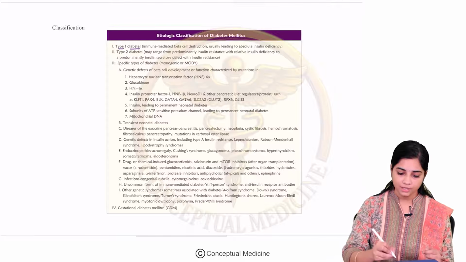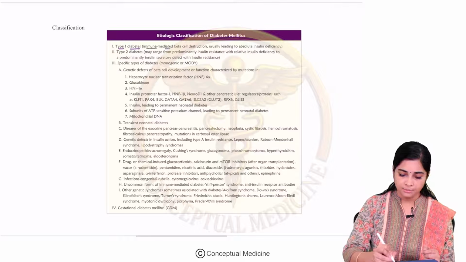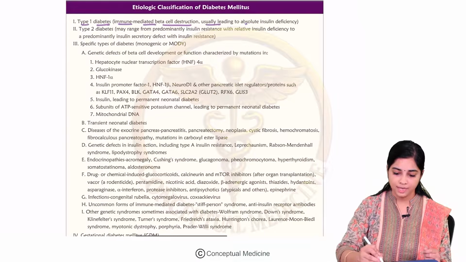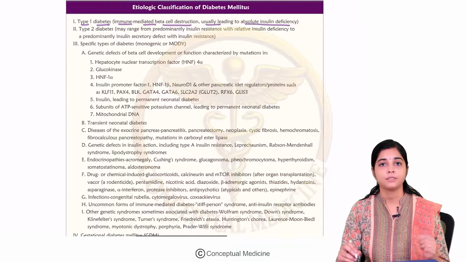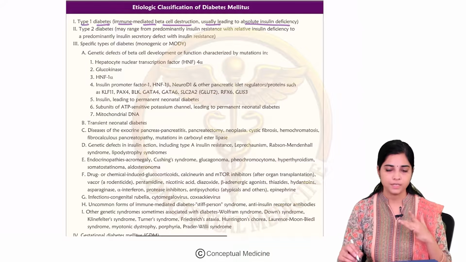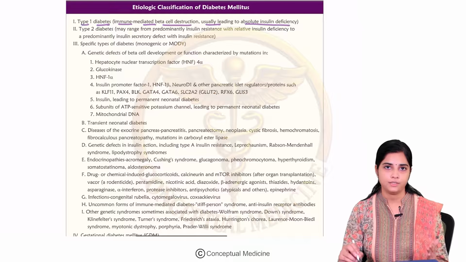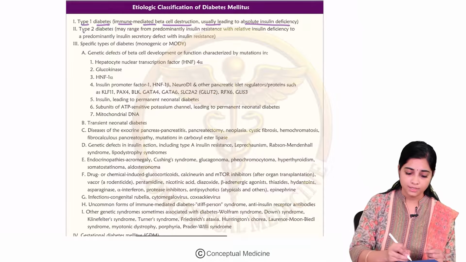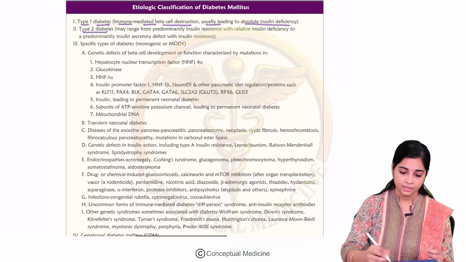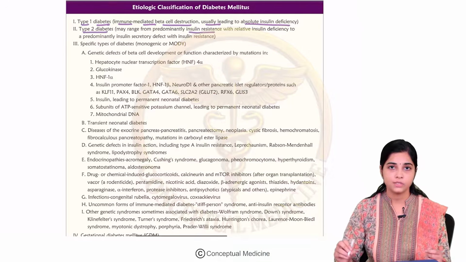In type 1 diabetes, there is an immune mediated beta cell destruction. So there is an absolute insulin deficiency. The beta cells are destroyed by some immunological process, and hence there is no insulin at all. There is a complete insulin deficiency. Now what is type 2 diabetes? Type 2 diabetes is when there is resistance to insulin action.